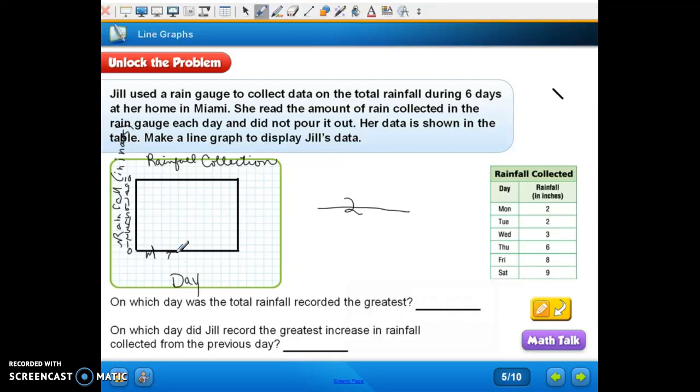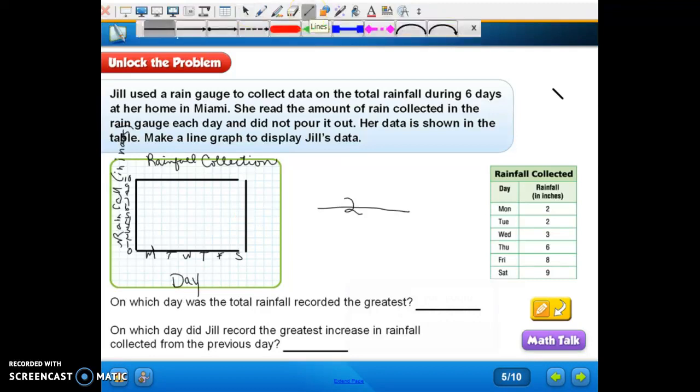You're going to go over 2 more and you're going to put Wednesday, Thursday, Friday, and Saturday. And I'm going to attempt to move my line out 1 box. Didn't get it quite big enough. See if I can fill it in.